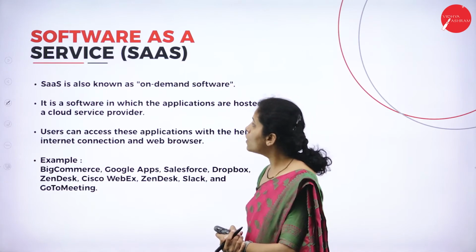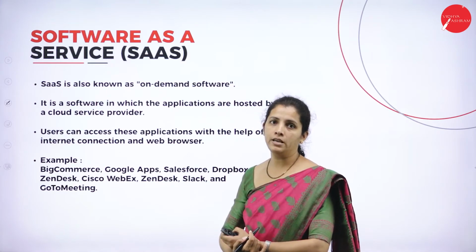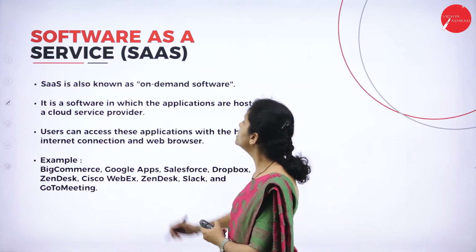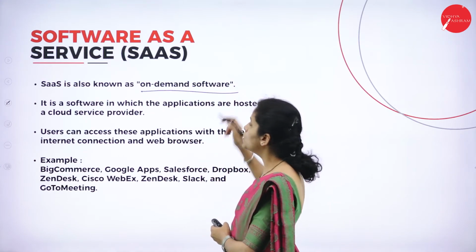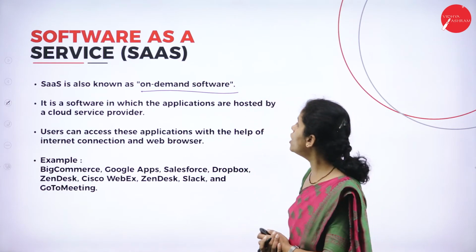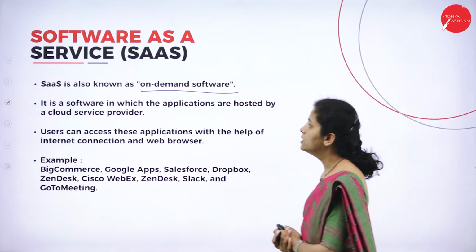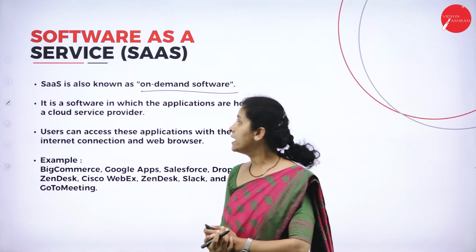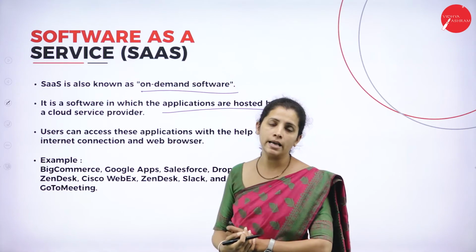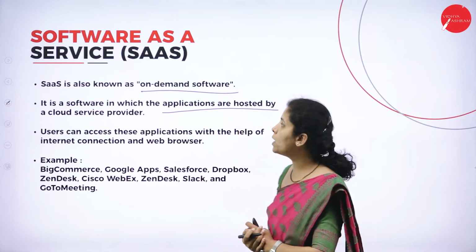That is software as a service. Based on the demand, I'm going to get the software, and it is known as software as a service. That is on-demand software, in which the applications are hosted by the cloud service provider.